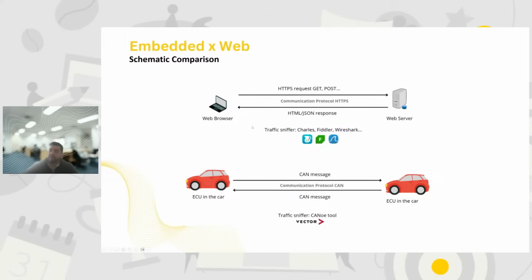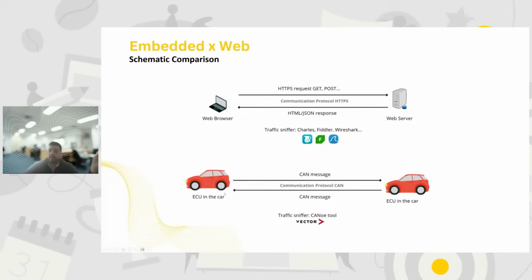We have traffic sniffers like Charles, Fiddler, Wireshark, and in the same way, in the second part, we have embedded, where we have one ECU in the car. ECU, remember, is a microcontroller in some specific part. We have different ECUs in the car. Using CAN messages, they communicate with other ECUs in the car, and it sends a CAN message to the ECU.